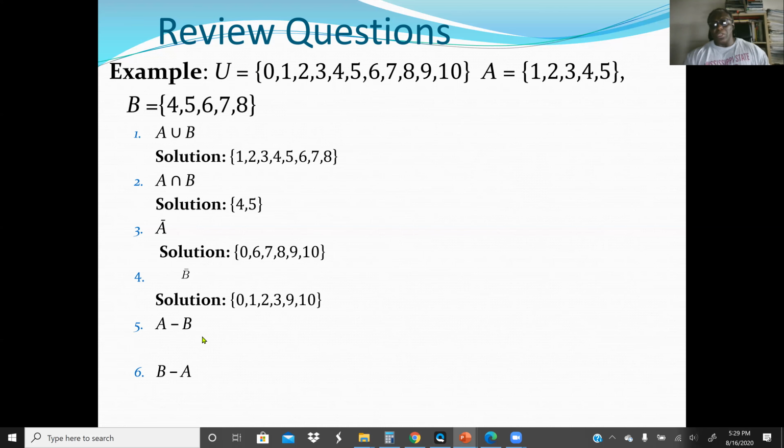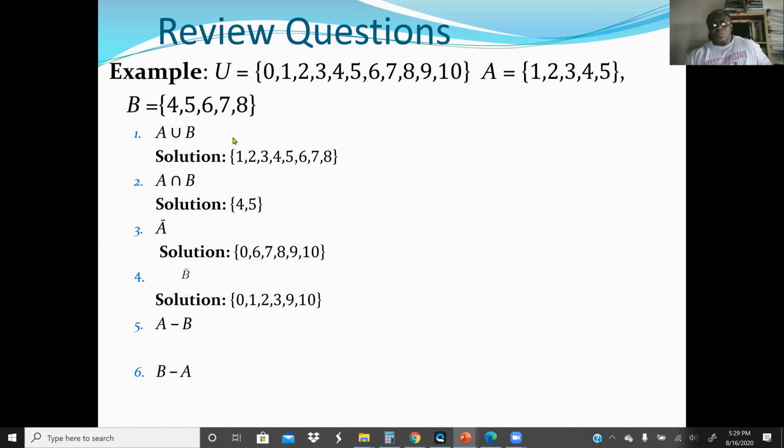Now, A minus B, as we said earlier, means the complement of B, but with respect to A, not with the universal set. So I'll go to A and I see 1, 2, 3, 4, 5. I'll go to B, I see 4, 5, 6, 7, 8.